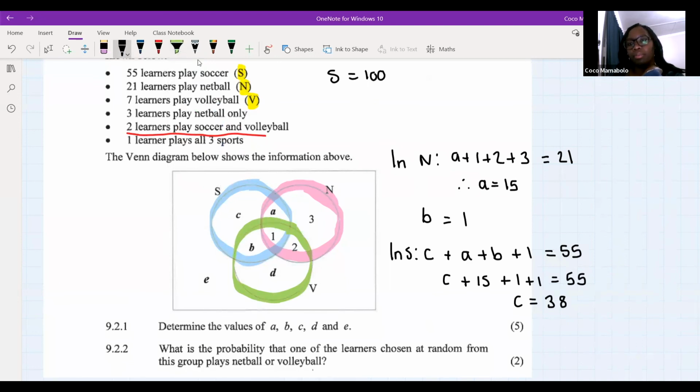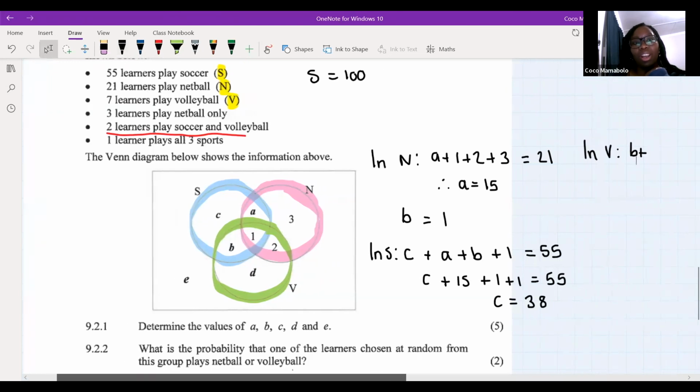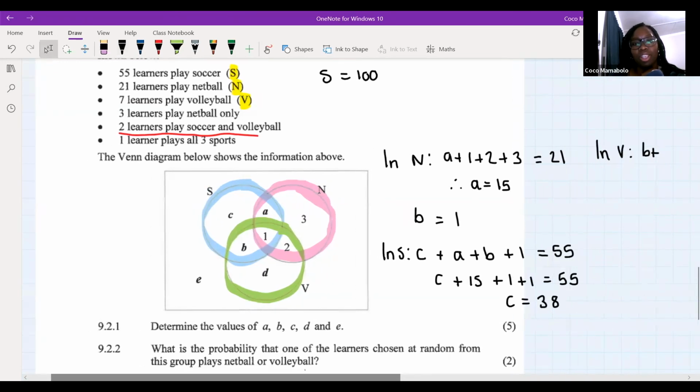Okay. I'm going to write up here in V. Because I'm not sure how you got D as 1, ma'am. Oh, how is B 1? I'm going to show you guys in just a bit. Look here. Look at what it says here in the instructions. Let me highlight it actually. Yeah, I missed it the first time myself as well. 2 learners play soccer and volleyball.